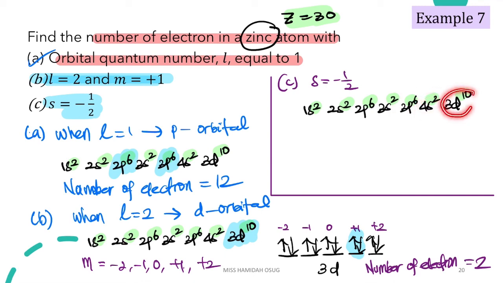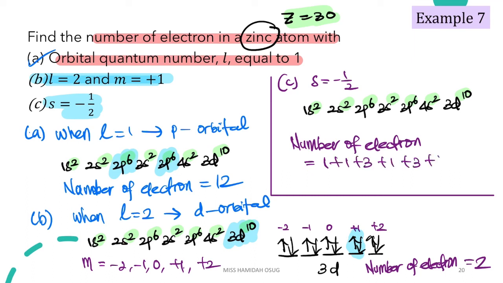So, the number of electrons is equal to 1 plus 1 plus 3 plus 1 plus 3 plus 1 plus 5. So, there is a total of 15 electrons when S is equals to -half.